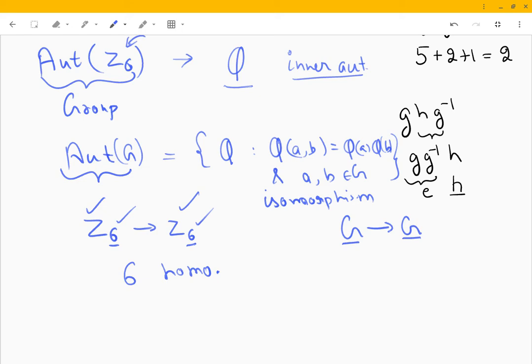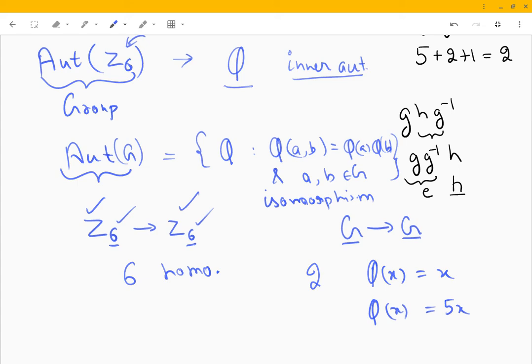So how many one-one onto functions can be defined? From Z6 to Z6, we can define phi of x to be x, or phi of x to be 5x.